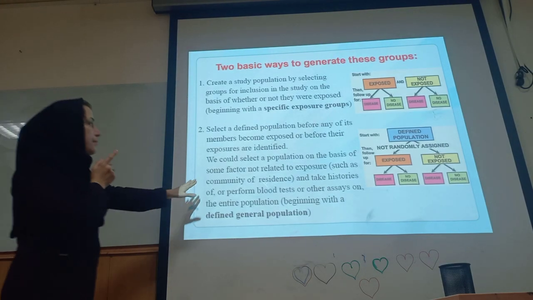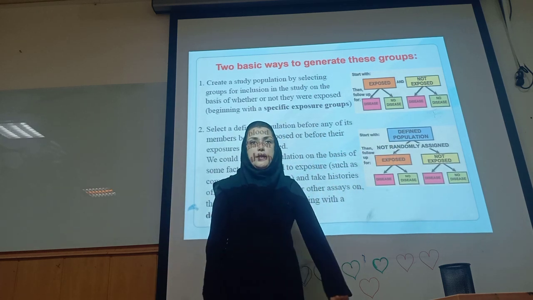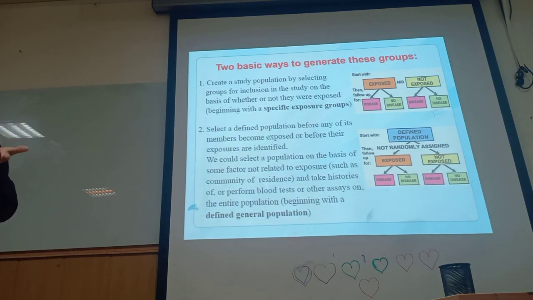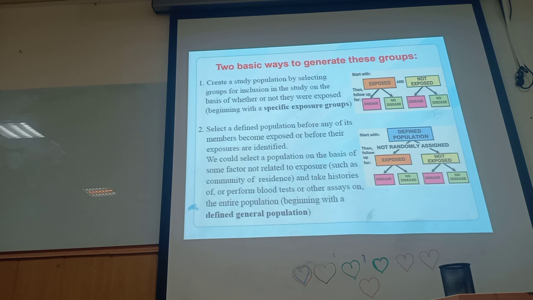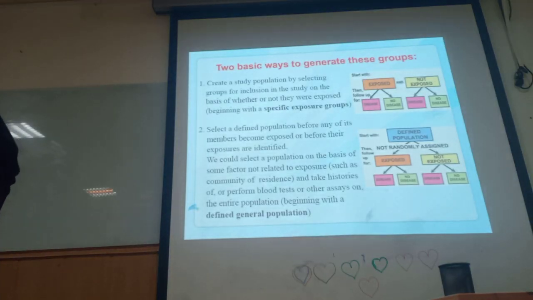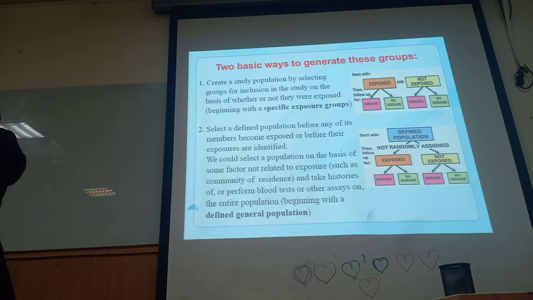But sometimes we may start with a defined population if the exposure is common. For example, smoking cigarettes is common. If I select 1,000 individuals from the community based on the prevalence of smoking in the community, if it is, for example, 20%, 200 of that population are smokers.